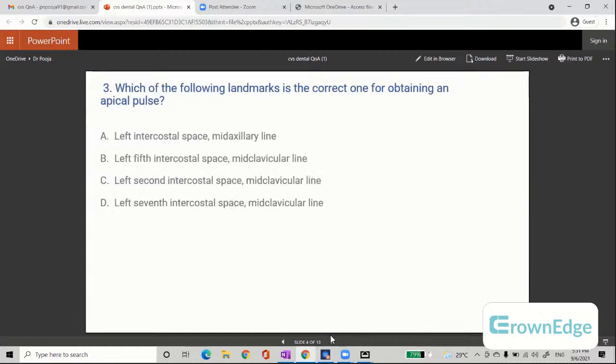Which one of the following landmarks is correct for obtaining an apical pulse? You are going to tell me the answer. Just now we discussed it. Yes, guys, please give me the answer in the comment box.